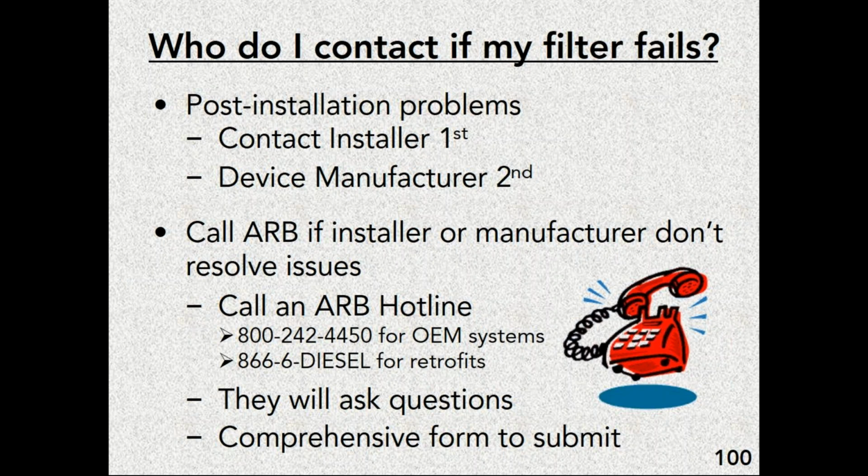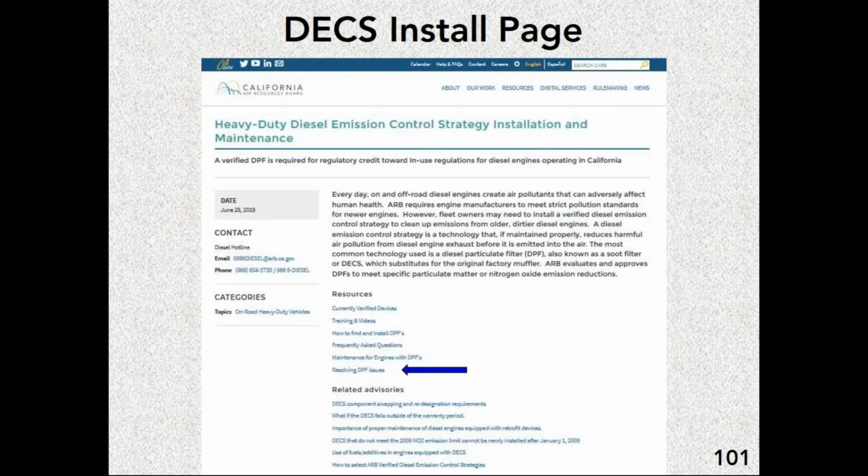I hate to say it's fairly long, but if you give us enough information, we're going to be able to do some research and find out exactly what the problem is. So we need the information. Here's the webpage, the Emission Control Strategy Installation and Maintenance, and there is a link for resolving DPF issues. So it's right there on the page for you to link.